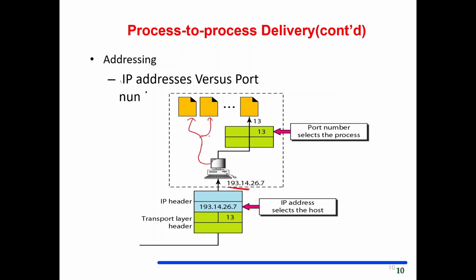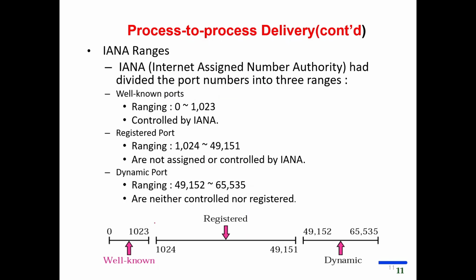Each process will have some port number; for example, this one is having the port number 13, and it will be performing some functions. The transport layer will consider the port number and also the IP address, and it will form the transport layer header. Now you can observe that transport layer header.